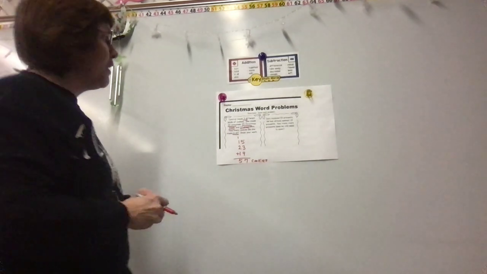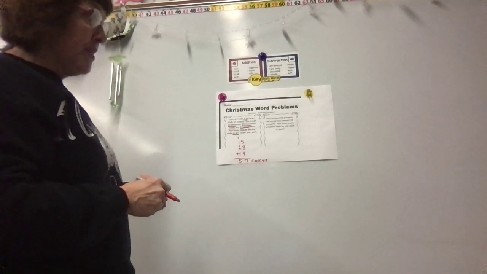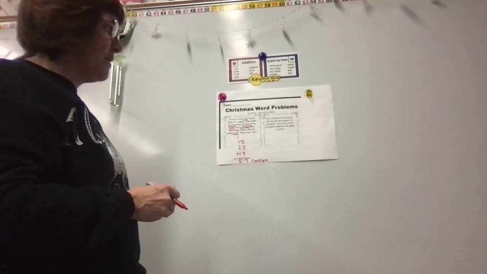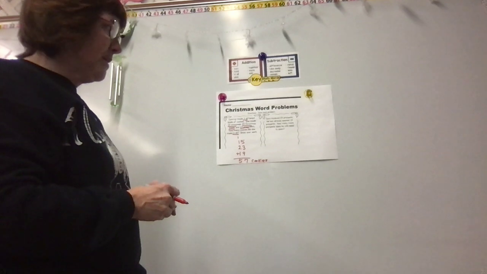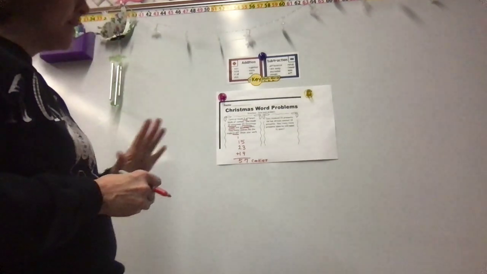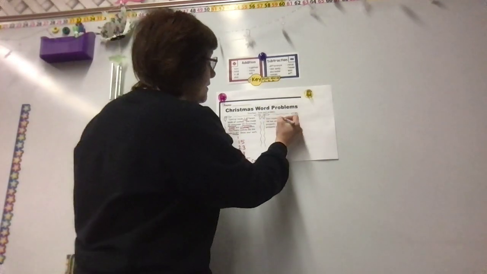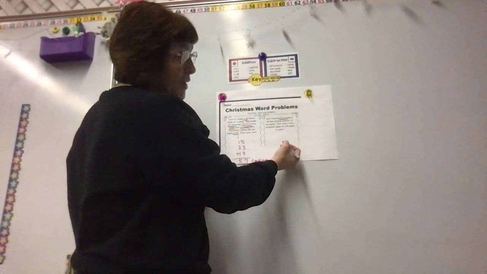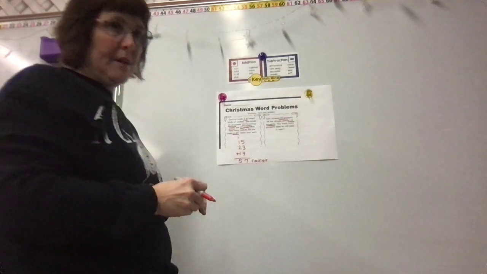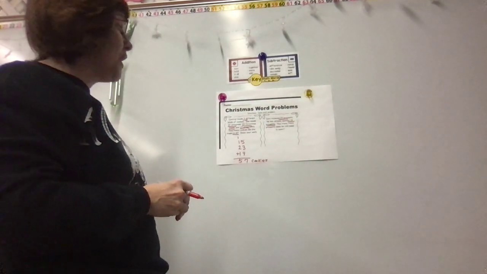Now let's look at our second problem. Sam received 23 presents. He has already opened 18 presents. How many more presents does he need to open? Okay, once again, I'm going to look. My numbers are important pieces to my equation. So he has 23 presents, 18 presents. Now I need to determine if this is an addition or subtraction problem.